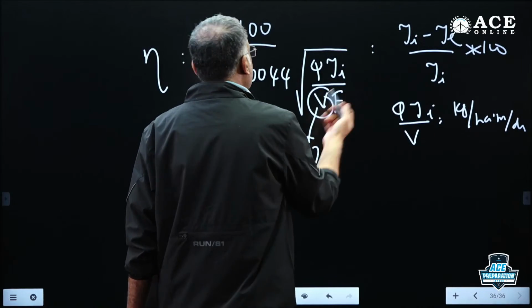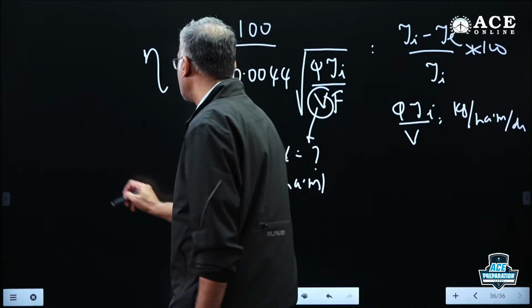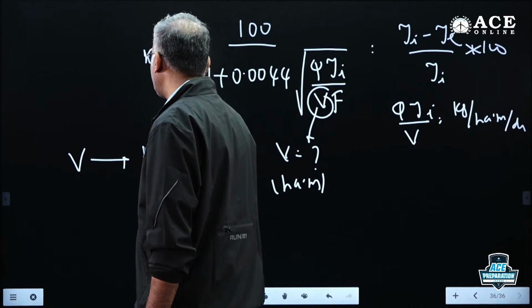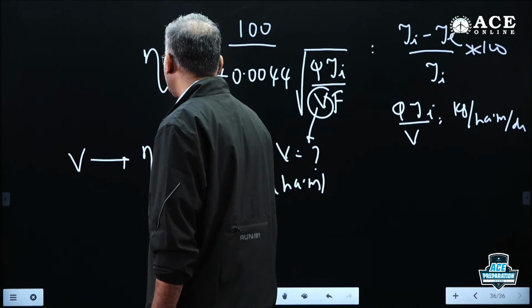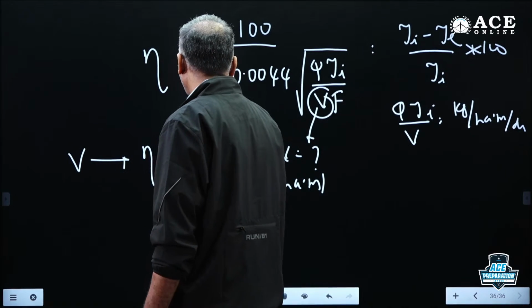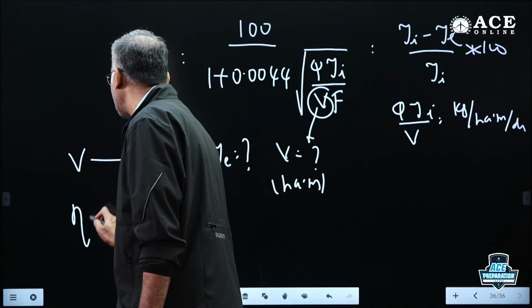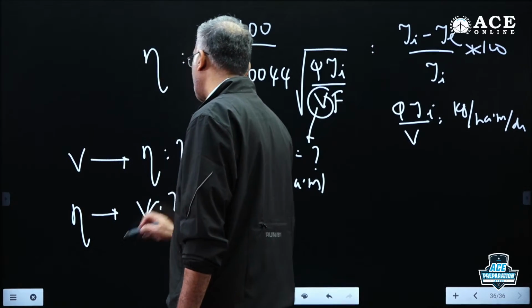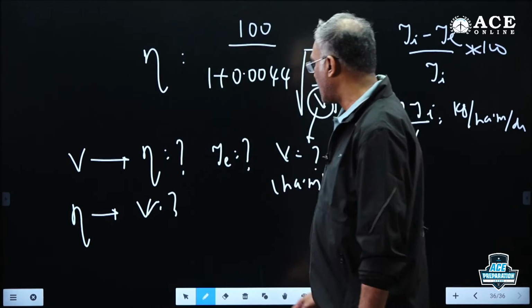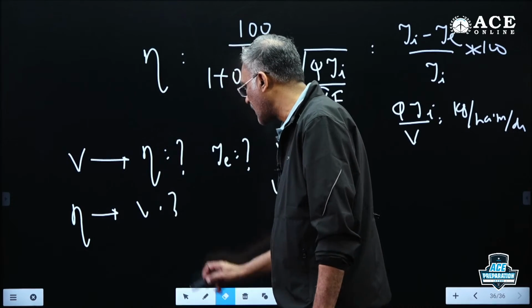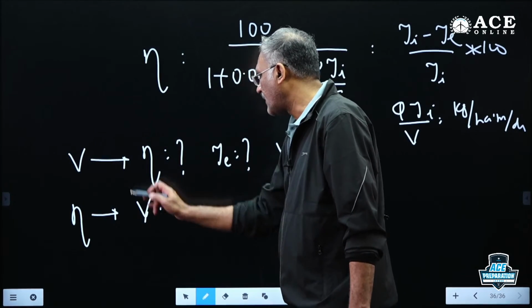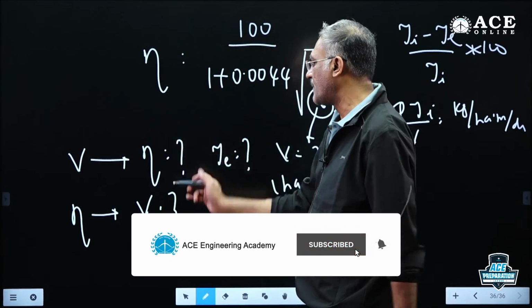For a given volume, you are expected to find out efficiency. Sometimes you are expected to find out effluent BOD. That's how they will ask questions, if at all they ask any question on trickling filter.